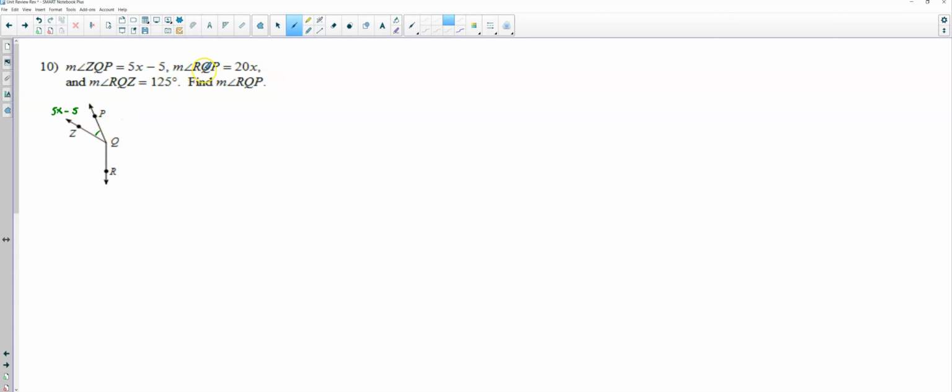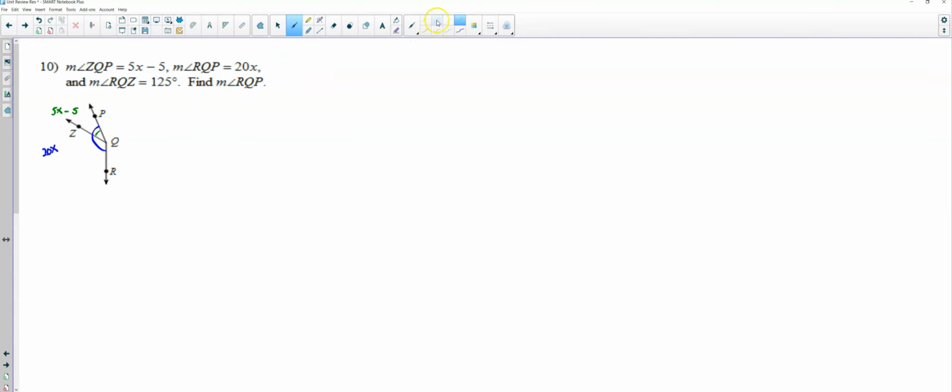Then the measurement of angle RQP. That's the whole thing. So I'm going to change colors there, and I'm going to say, well, the whole thing right there, RQP, that's 20x. I'm going to put it up here.